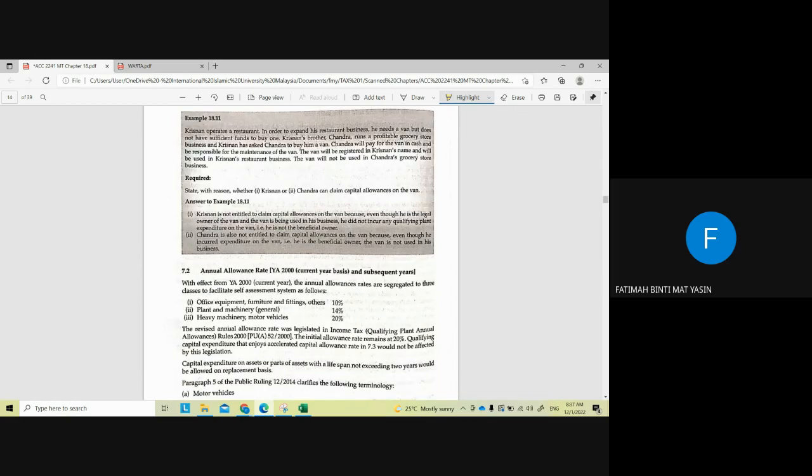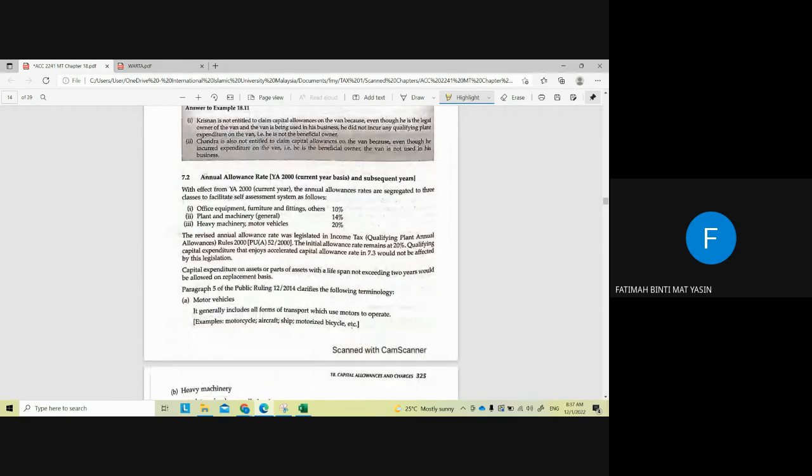So please read this example on your own. This is the rate: annual allowance rate for YA 2000, current year basis and subsequent years. For office equipment, furniture and fittings, the rate is 10%.